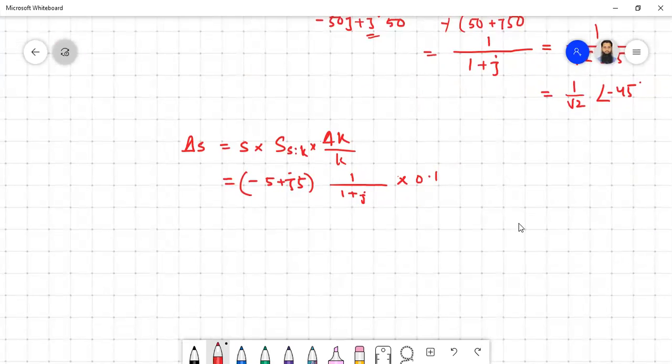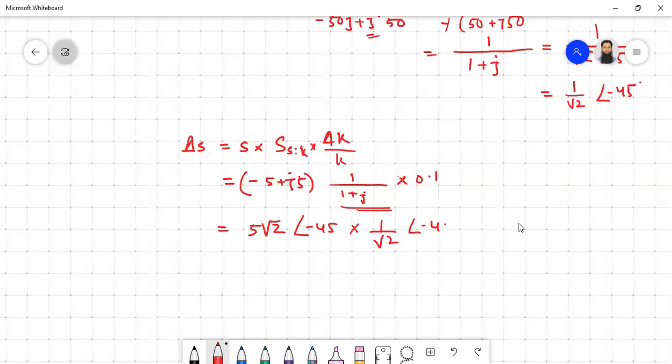Now if you take common of your 5, then it is actually easier to calculate if you write in terms of magnitude and angle. The magnitude will be root over 5 square plus 5 square, so basically 5 root 2, and the angle will be tan inverse of minus 1, that is minus 45 degrees. We already calculated for this one in polar coordinates, 1 by root 2 at minus 45 degrees, into 0.1.